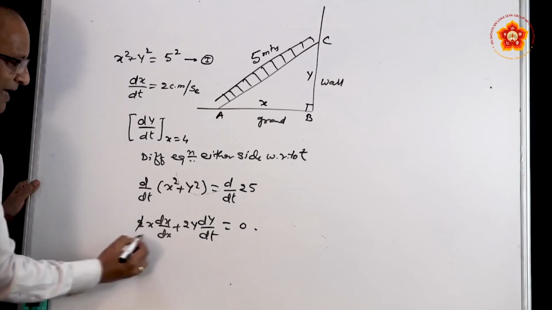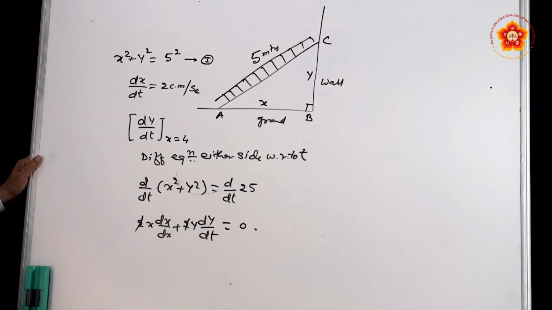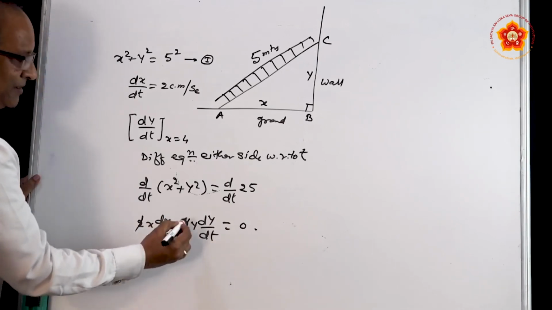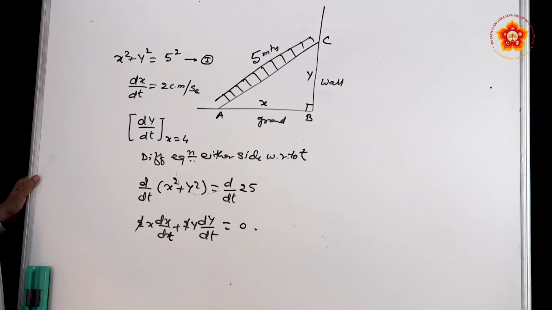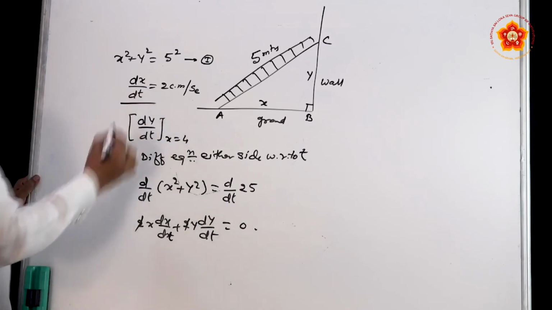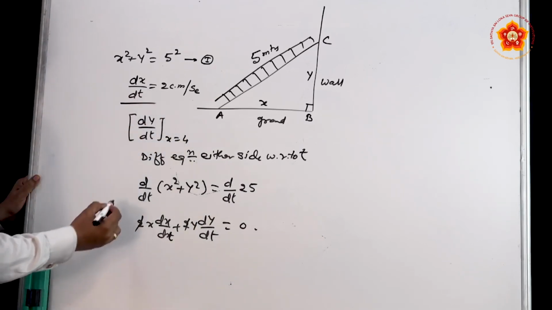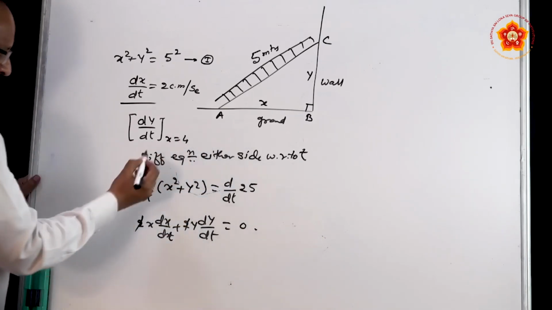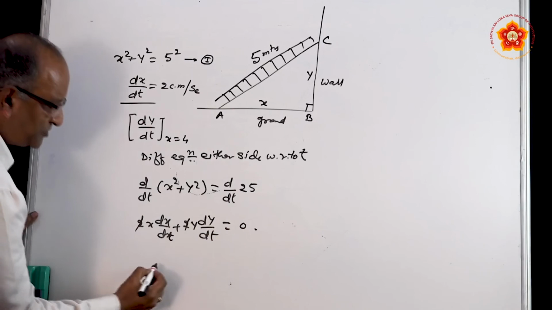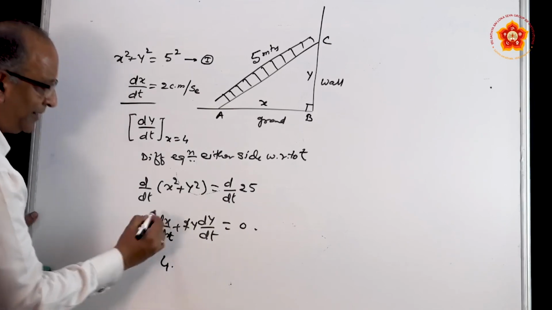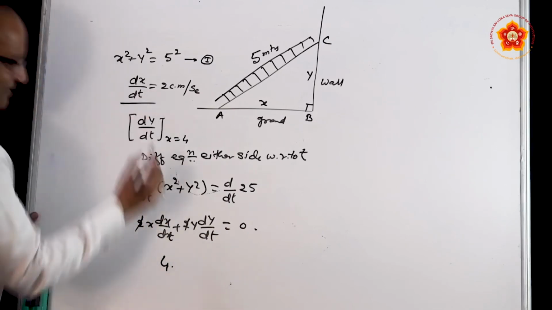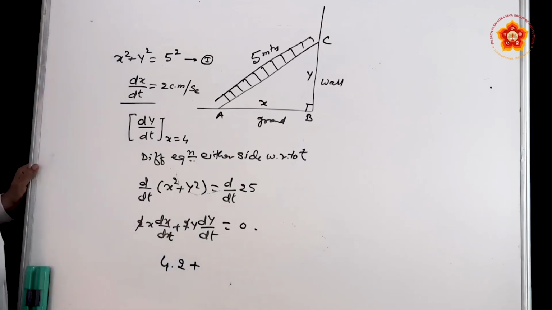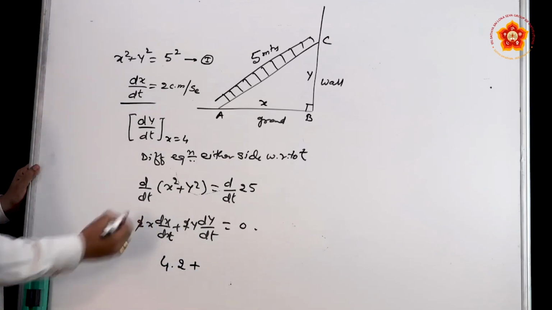These two can be cancelled by taking common. So, we are left with x dx by dt plus y dy by dt equal to 0, in which dx by dt is known. So, substitute, and he has also said find dy by dt when x is equal to 4. So, substitute 4 times dx by dt, he has given it as 2, plus y dy by dt equal to 0. How do you find y?